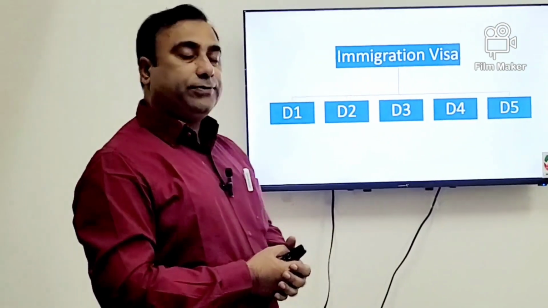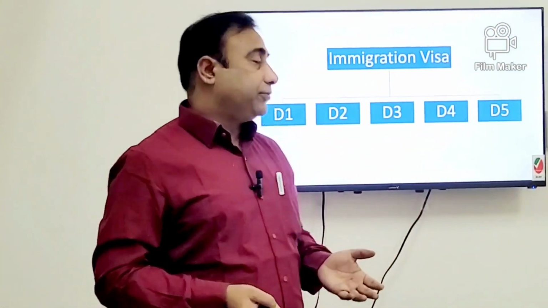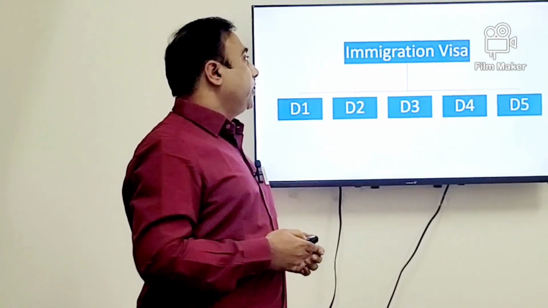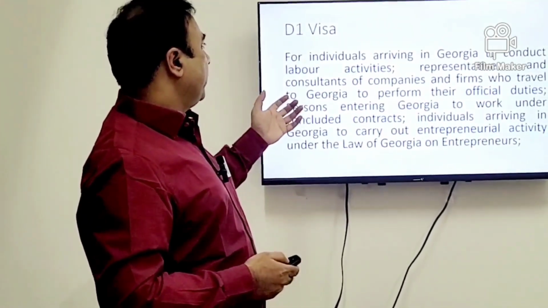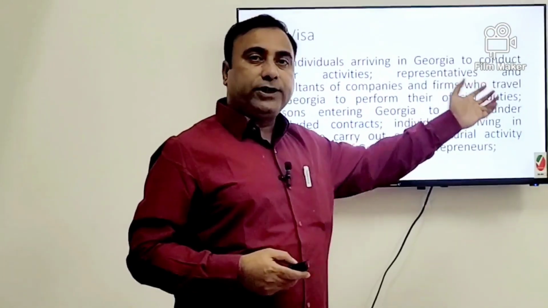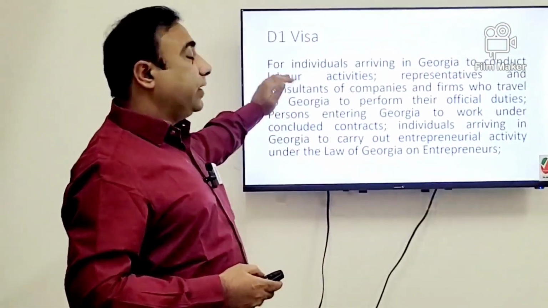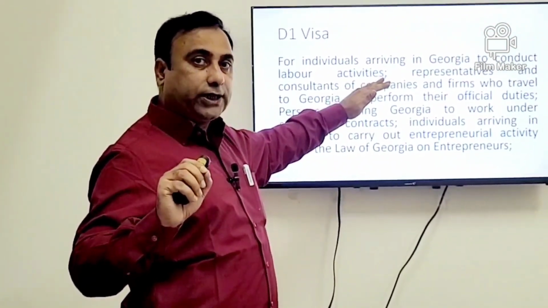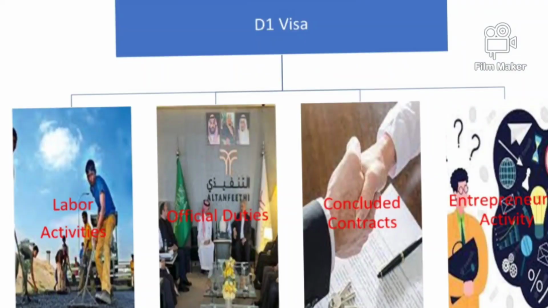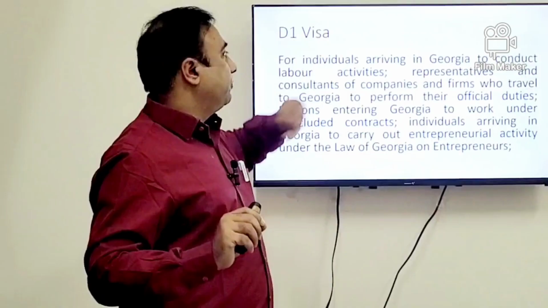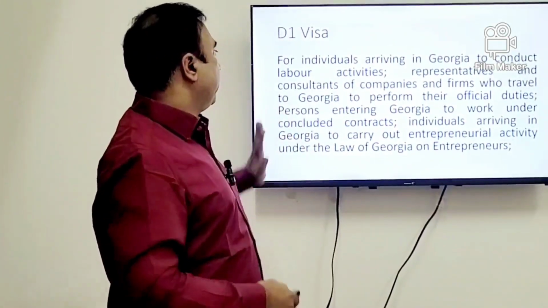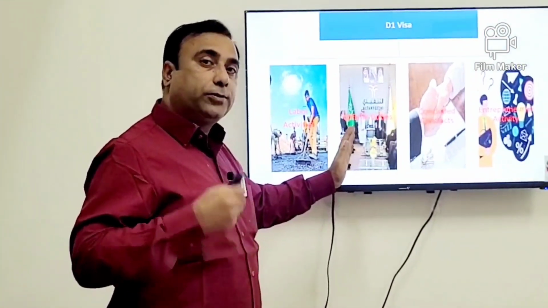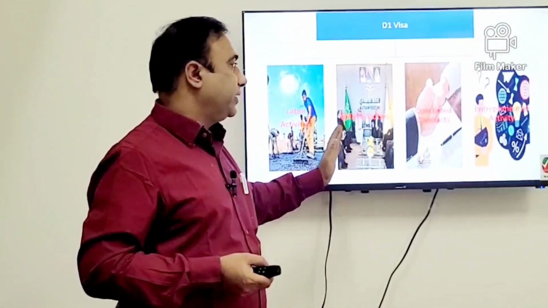So for the immigration visa, there are 5 types. The first one is D1, then D2, D3, D4, D5. Visa D1 is for individuals arriving in Georgia to conduct labor activity. It is really important to understand that the person who is going for a job will receive a D1 visa. Then the representative of official duty, representative of the government or an international organization.